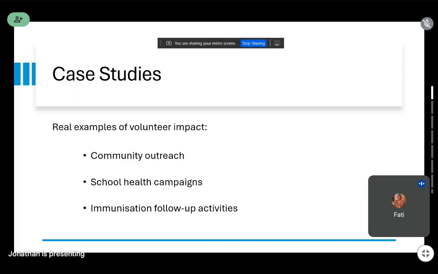Because we have volunteers in the community, they are in the clinic every day. There were volunteers.